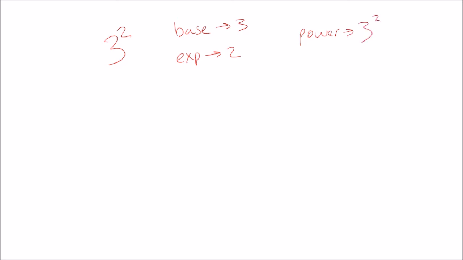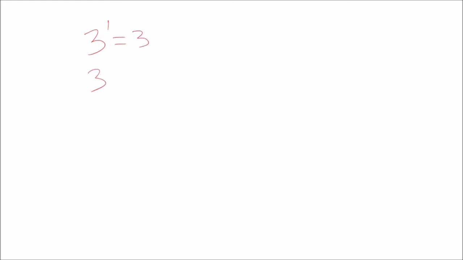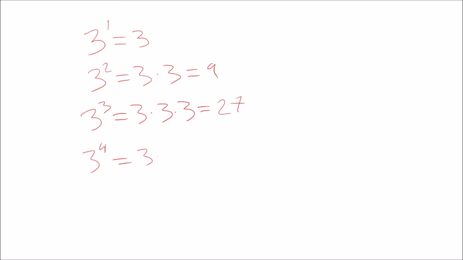We're going to read this as 3 to the second power. 3 to the 1 is 3. 3 to the 2 is 3 times 3, which is equal to 9. 3 to the 3 is 3 times 3 times 3, which is 27. And 3 to the 4 is 3 times 3 times 3 times 3, which is 81.